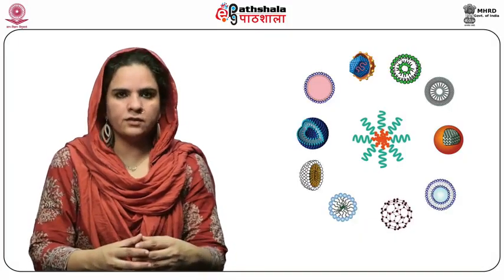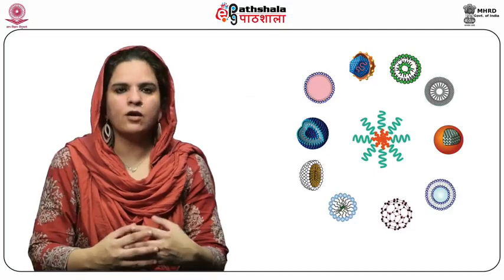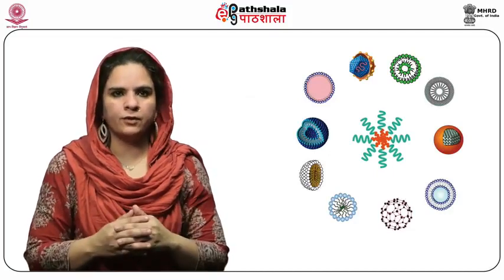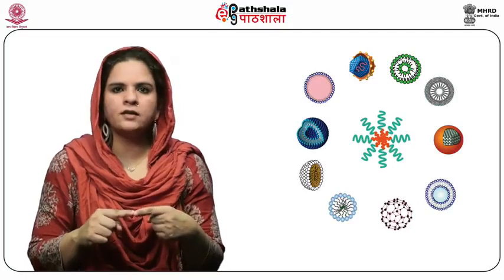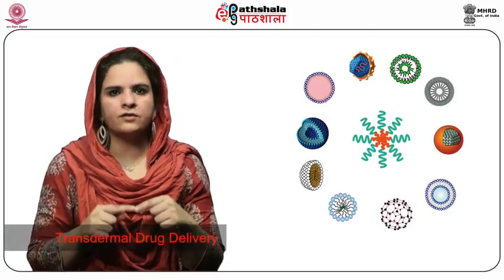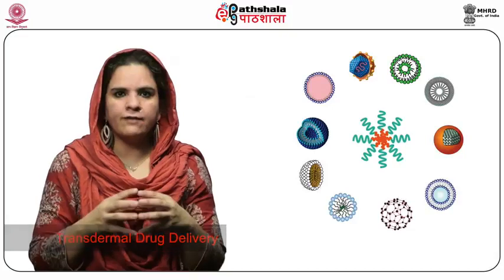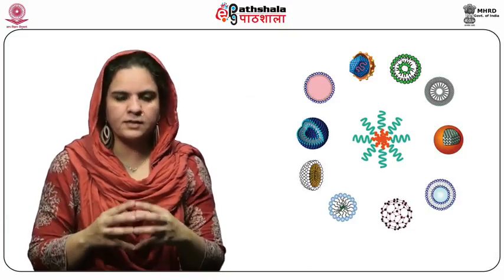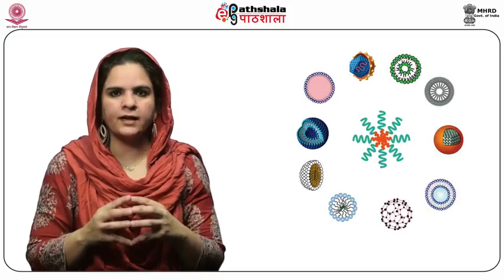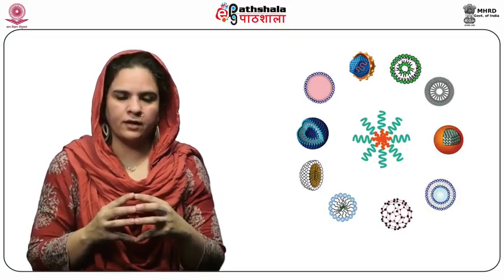My dear students, let us now summarize what we have learned from this module. The first and foremost thing which we have understood is what transdermal drug delivery is. We have spent enough time on finding out the various nuances and aspects of skin anatomy and its biochemistry.